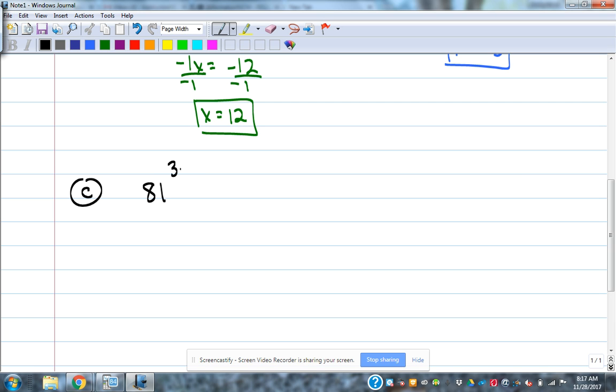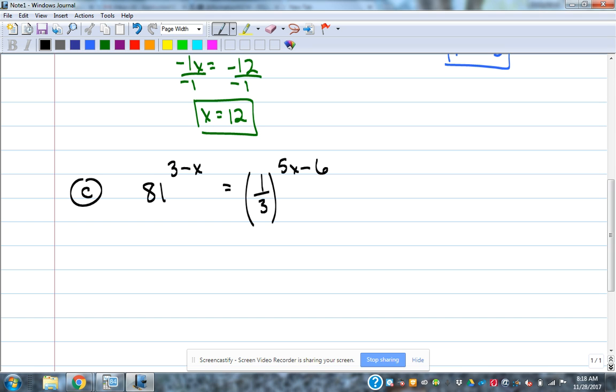81 to the 3 minus x equals 1/3 to the 5x minus 6. This one takes a little more thinking involved because of the 1/3 there. We got to think about what number relates 1/3 and 81.